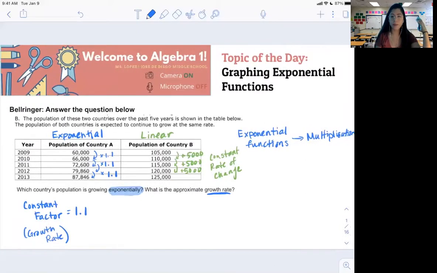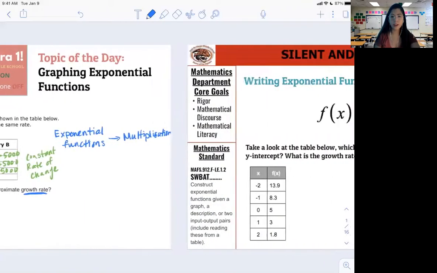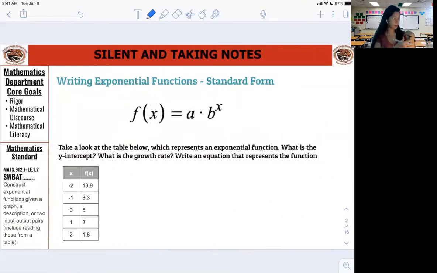I'll talk about how to do that in your notebook a little bit later. But before we get into it, let's begin by reviewing one more time how to write an exponential function. We talked about this yesterday a little bit, but we didn't spend a whole lot of time on it, so I just wanted to review this one more time.